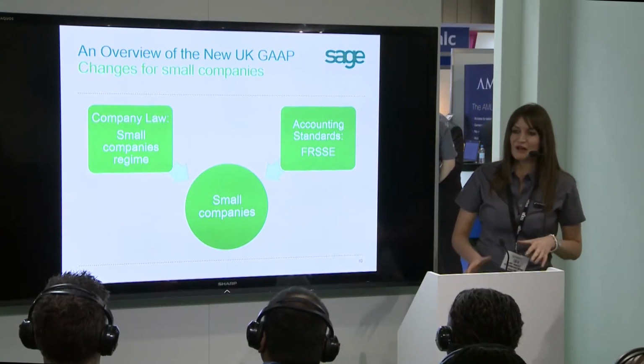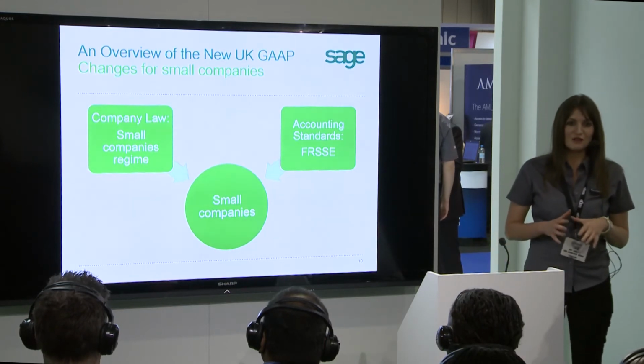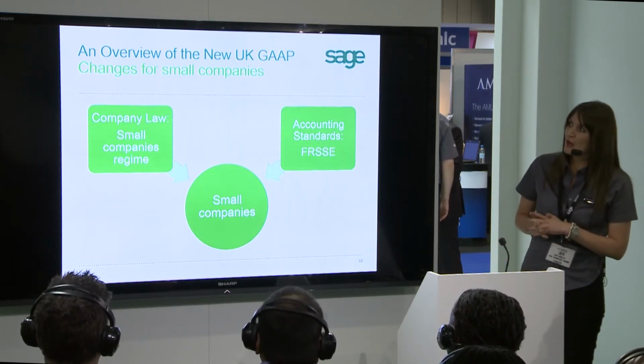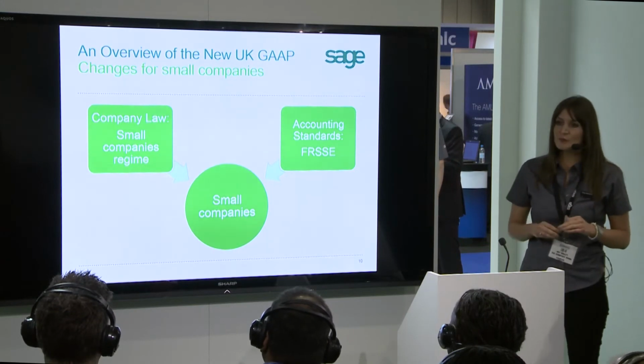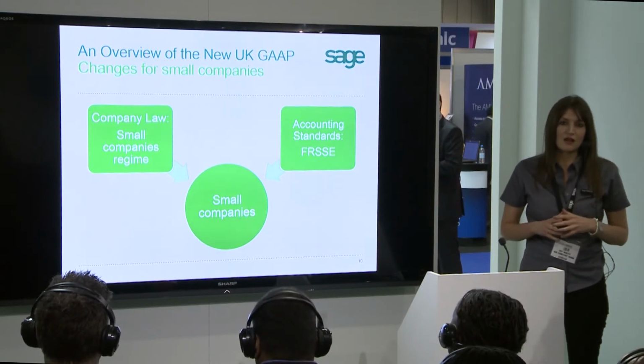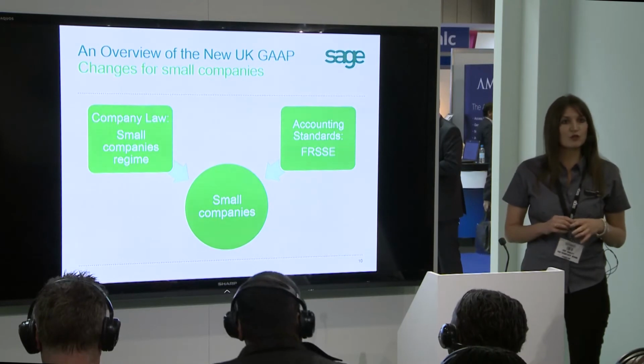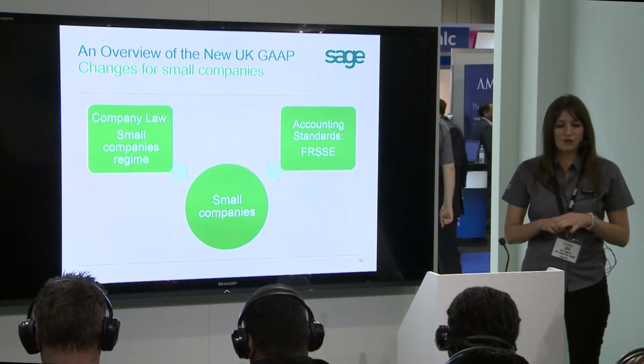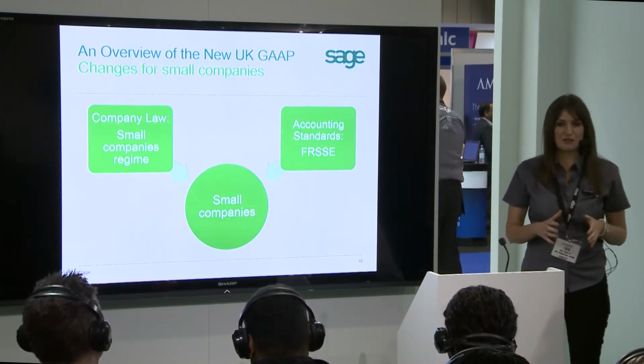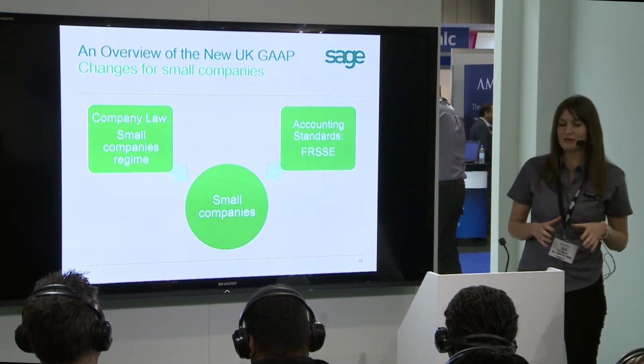And that was it really on FRS 102. So quite brief. But I wanted to cover small company changes, because I think a lot of people for small companies thought, well, I'm not really affected by FRS 102, so I don't need to worry about it.